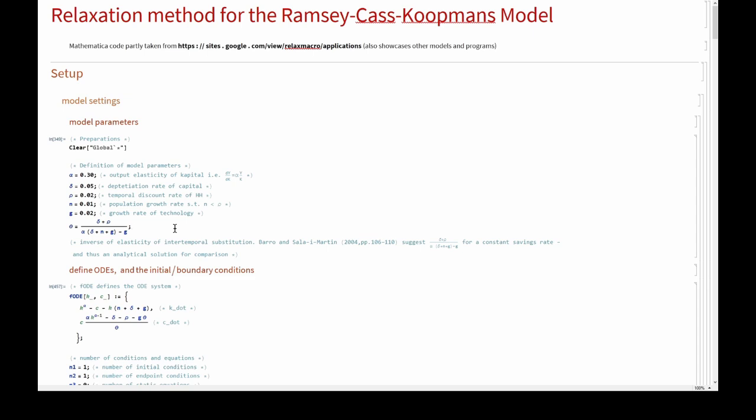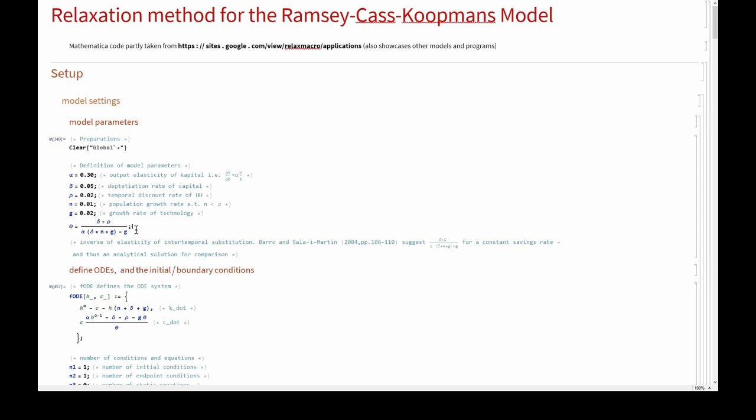I assume you already watched those. If you're a bit shaky in your understanding of the model, I highly recommend checking them out. But if you already watched them, you will see that all my parameters are named exactly like they are named in the theoretical videos.